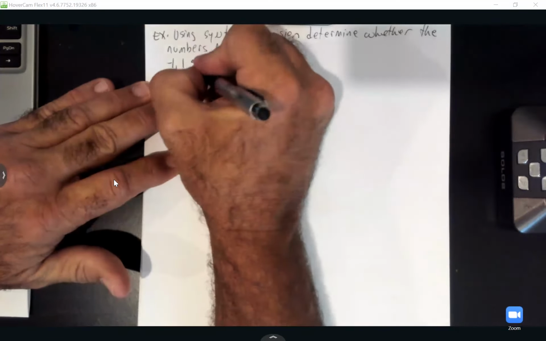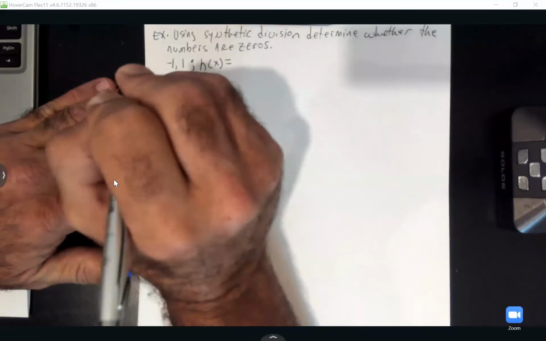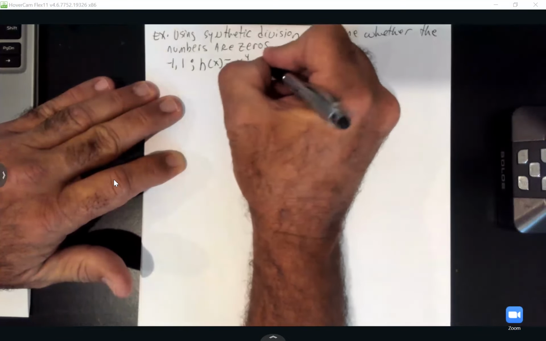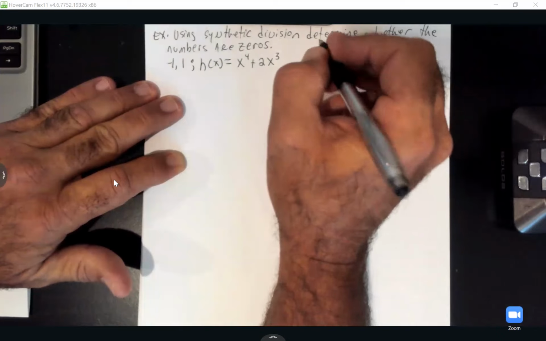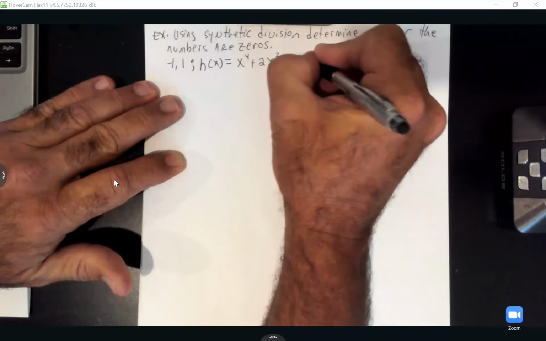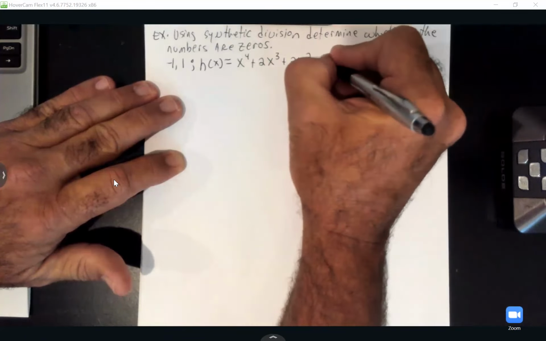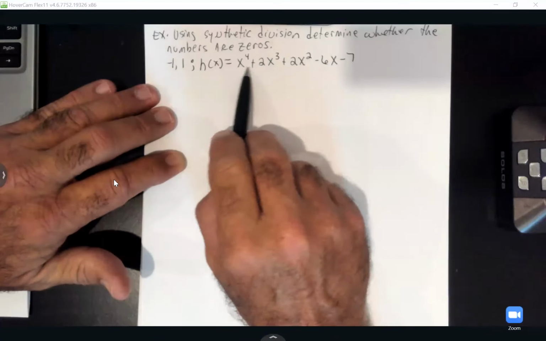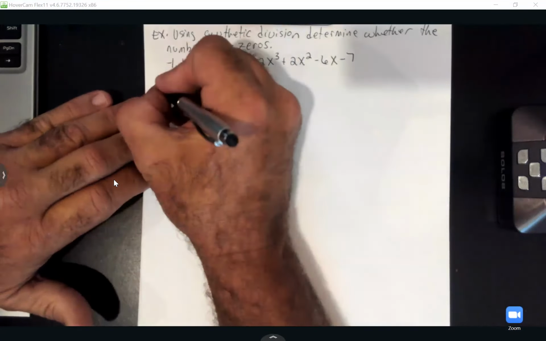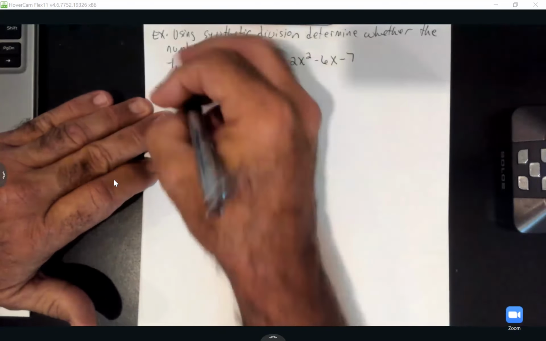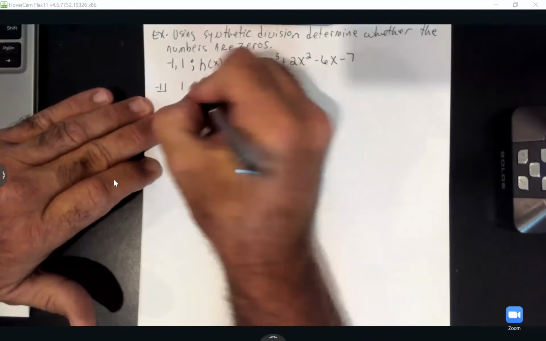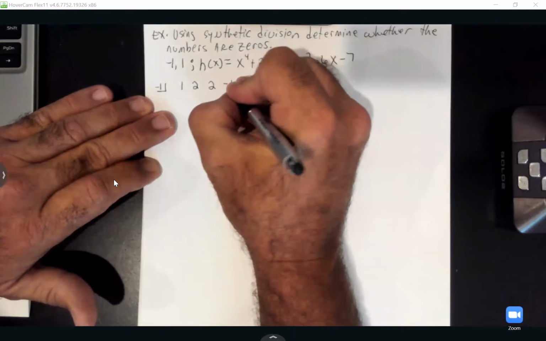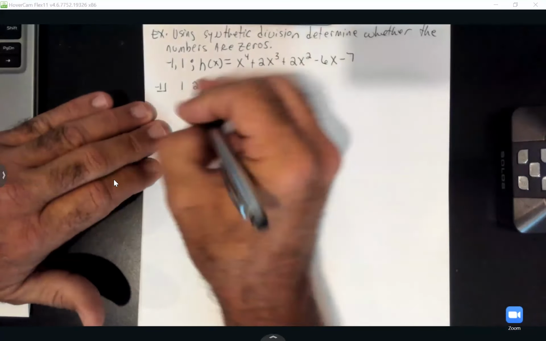Then my polynomial is h of x equals x to the 4th plus 2x to the 3rd plus 2x squared minus 6x minus 7. All righty, so nothing's missing again. So when we start with this -1, my coefficients are a 1, 2, 2, -6, and a -7.